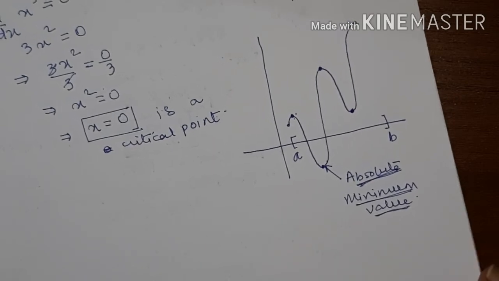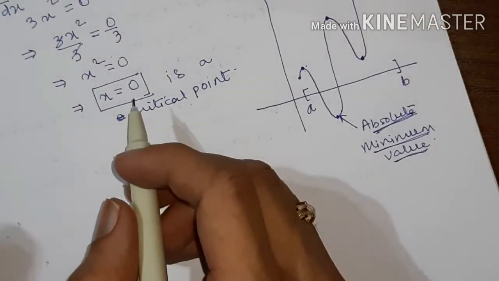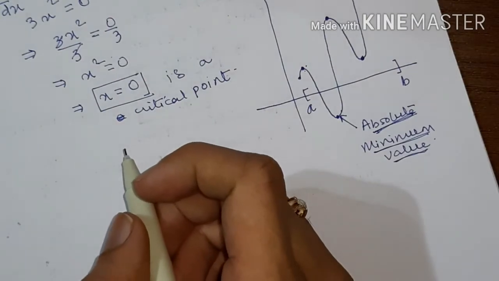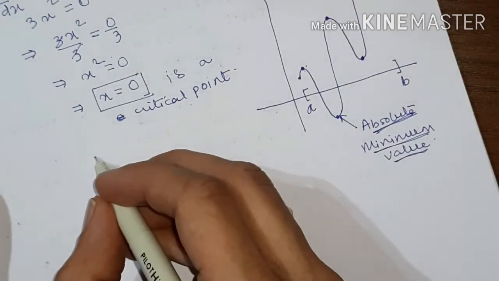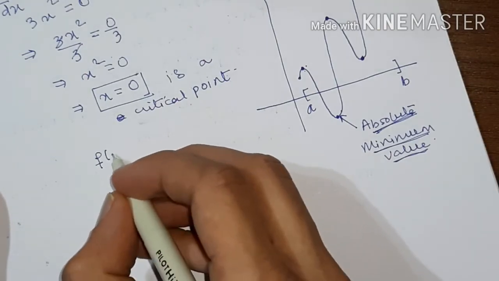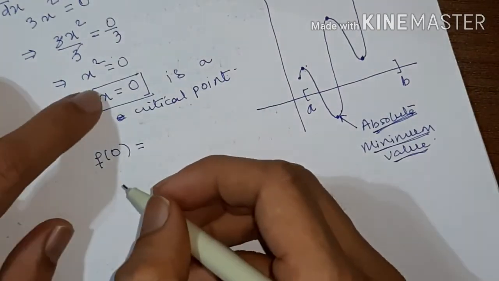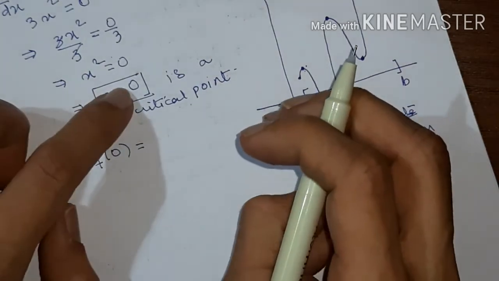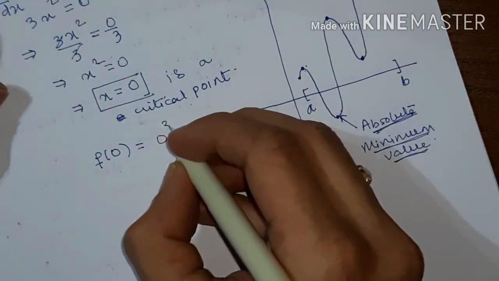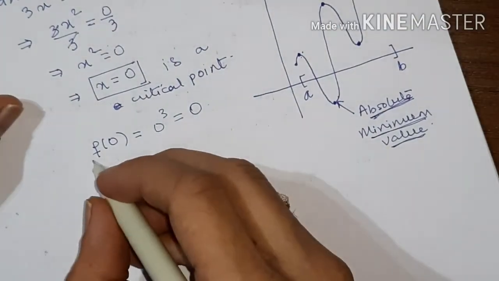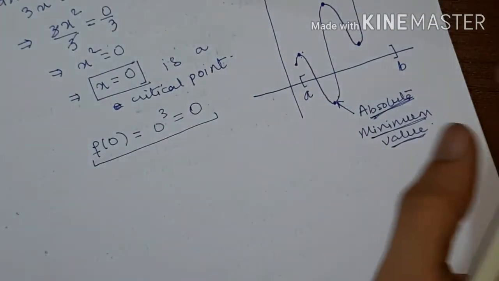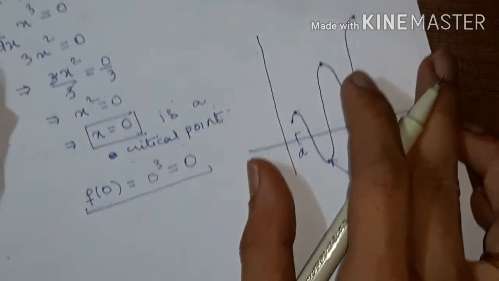We have to only find the absolute maximum and absolute minimum. So you have to find the value of the function directly at the critical point, f at 0. So that is 0 cube, which is 0. So this is the value at a critical point, that is x equal to 0.